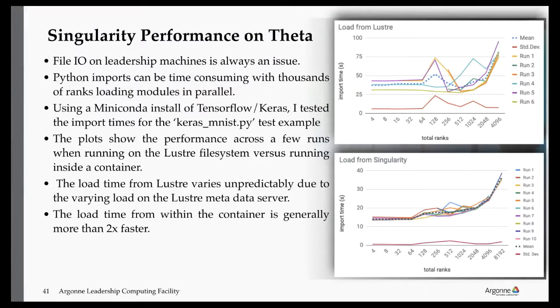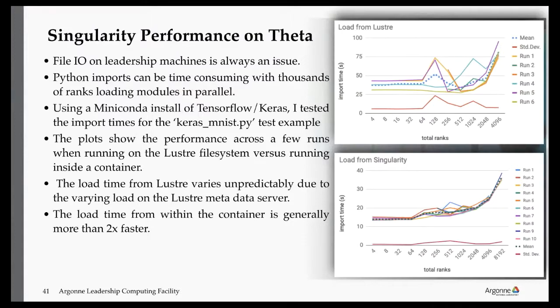But you can also see that even going from the 4,000 to 8,000 nodes, or 4,000 to 8,000 ranks, the performance starts to take off. So even inside of Singularity, you start getting some performance problems above 4,000 ranks. But we're talking about under 30 seconds at 4,000 nodes.